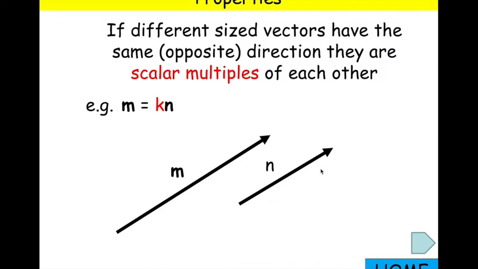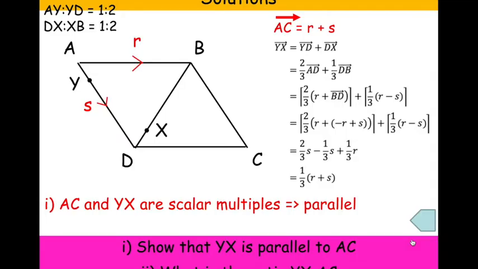Same direction, although different size. This is vector m equal to k multiplied by vector n, and k is just a scalar, a number, right? So they must be multiples of each other to be parallel.